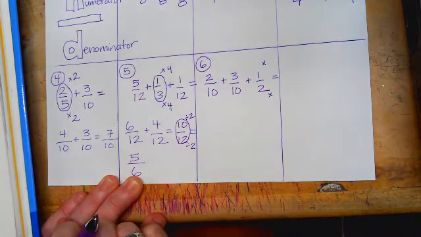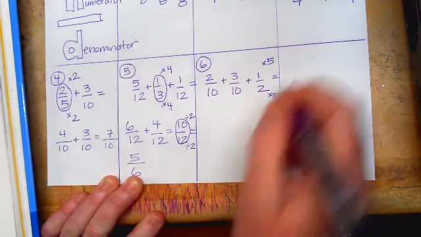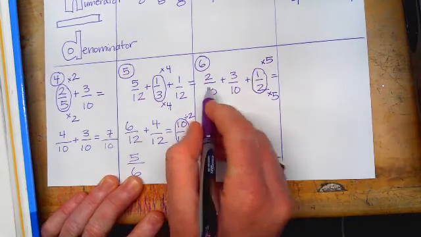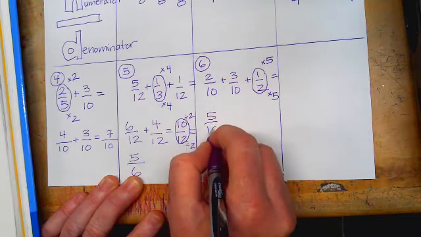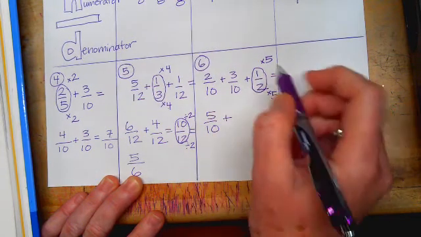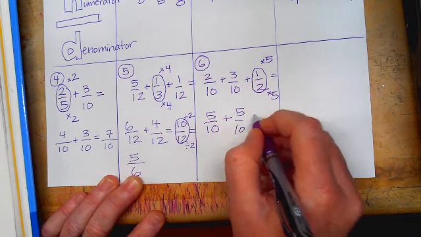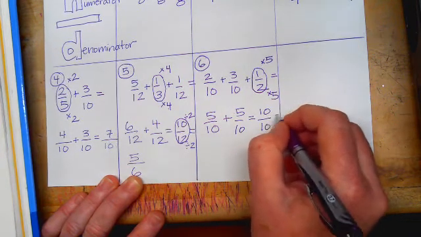And I want to make it into a 10th so that they're all uniform. So 2 times what equals 10? 5, right? If I multiply by 5 on the bottom, I have to multiply by 5 on the top. So this is 2/10 plus 3/10 equals 5/10. And this is going to be 5/10.